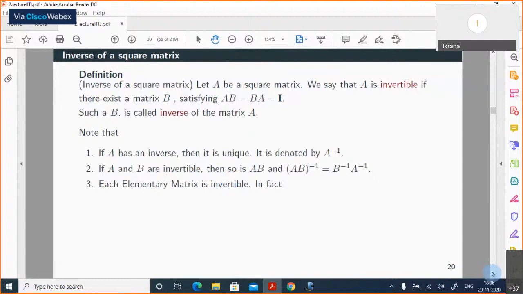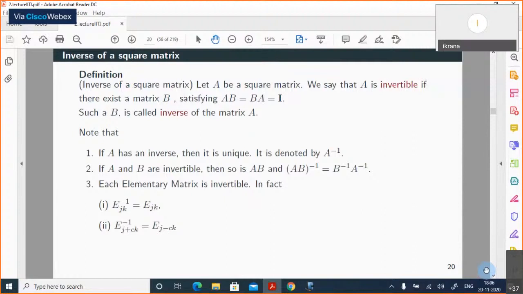Similarly for the others: you are adding, you can subtract. Interchange, you can again interchange and go back. Because elementary matrices are obtained from the identity matrix by doing something, and all these operations are reversible, that basically tells you that they are invertible.